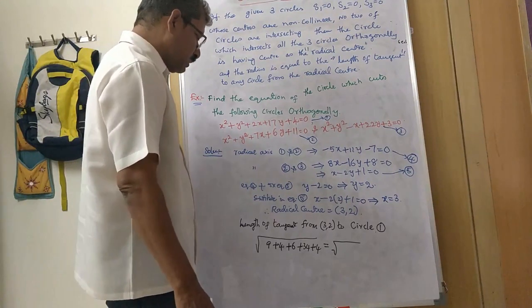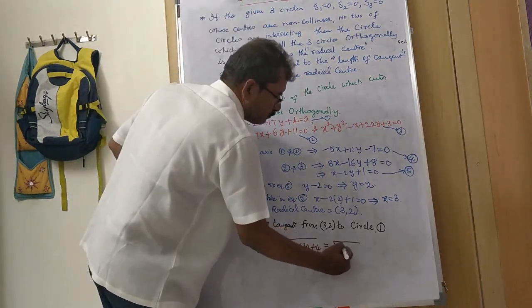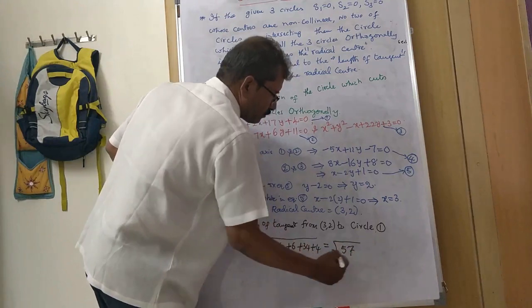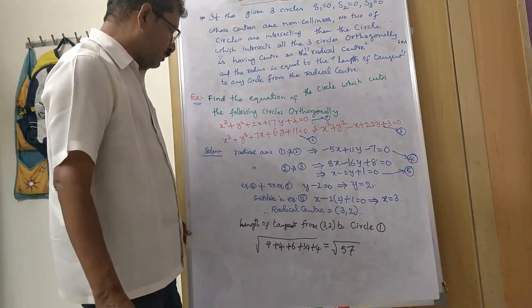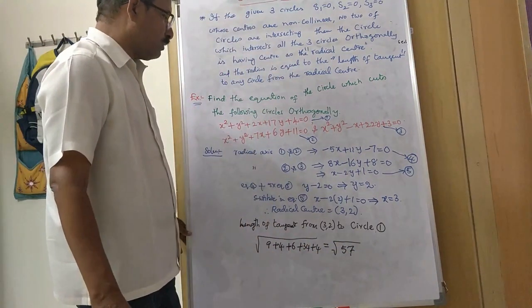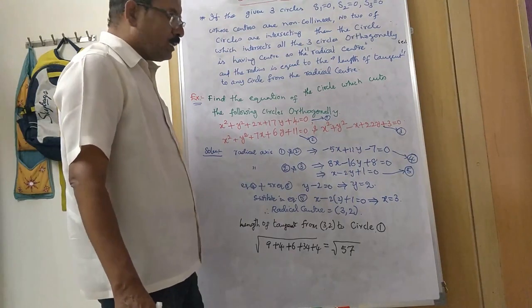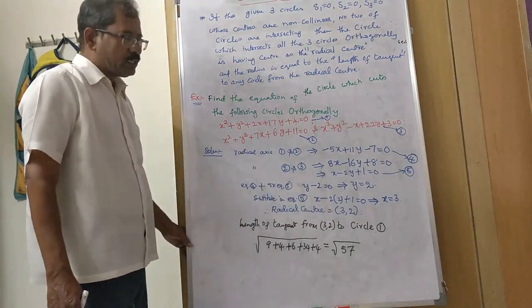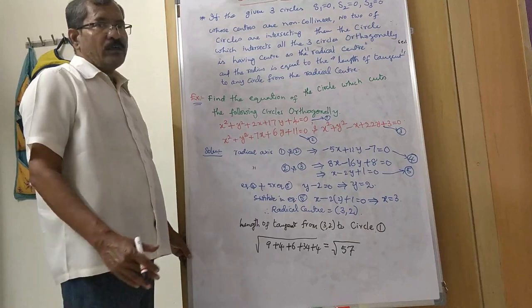It is 57, I think. Root 57 is the length of the tangent from 3 comma 2 to circle 1.